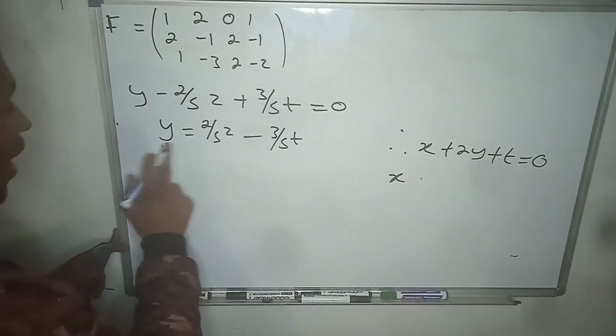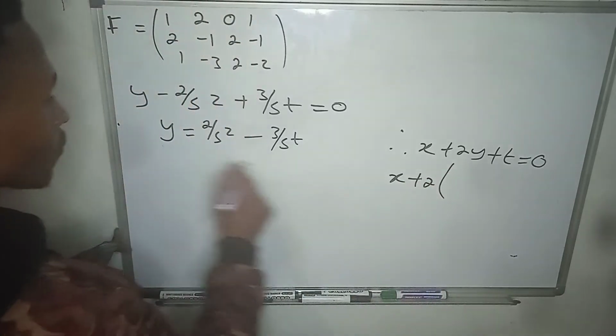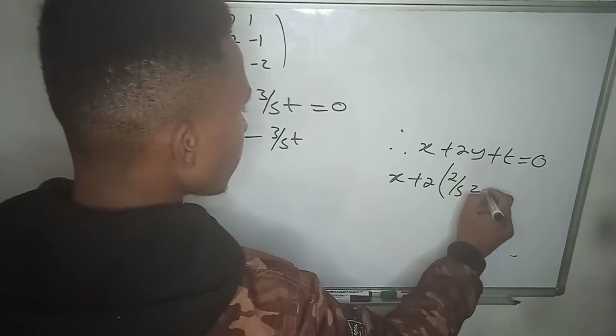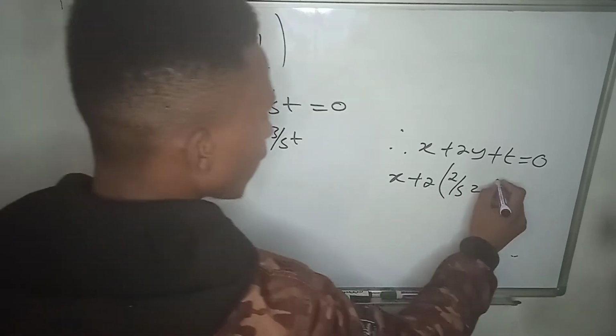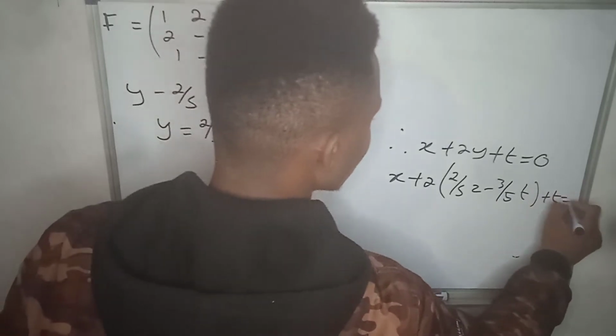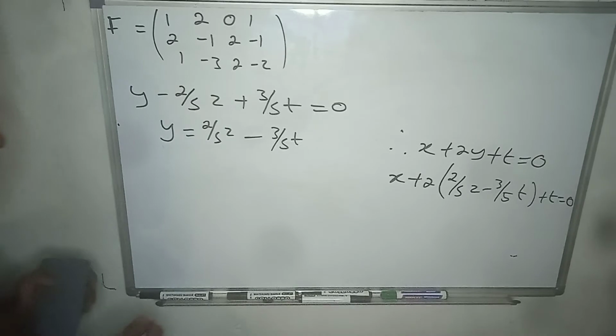Since I'm having y, I can substitute in this equation. So it will be 2 over 5z minus 3 over 5t plus t equals 0. I've substituted this into this guy.